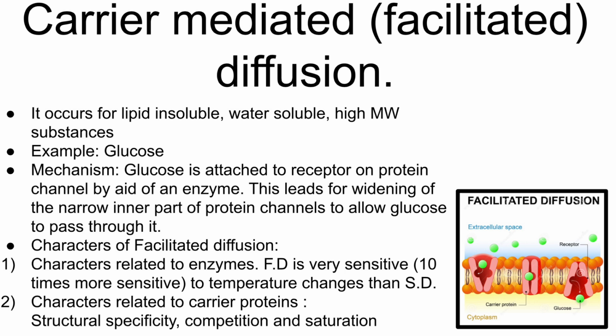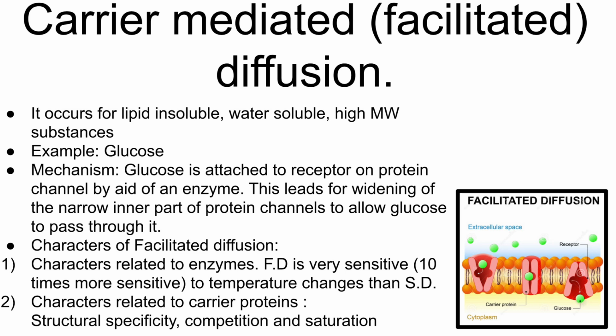Here's the mechanism. Glucose molecules unite with receptors of carrier proteins by the aid of enzymes. This leads to widening of the narrow inner part of protein channels, which allows glucose molecules to cross the channels and in turn the cell membrane.